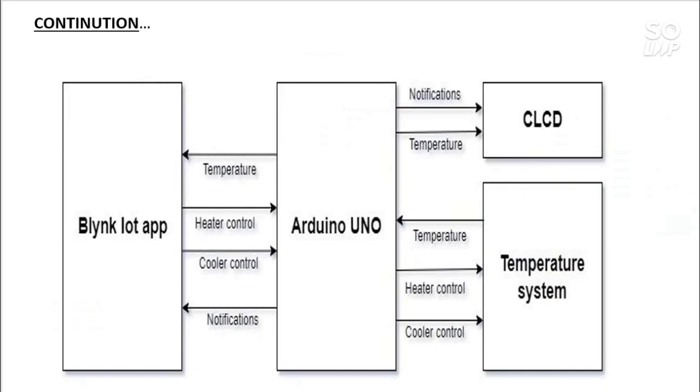Here we can see the CLCD, which is used as a dashboard for checking all the commands that we are using in the Blynk IoT app virtually. It passes the temperature from the temperature system to the Arduino, and the Arduino gives the temperatures that will be shown in our Blynk IoT app through the notification, and the CLCD displays them at the same time.